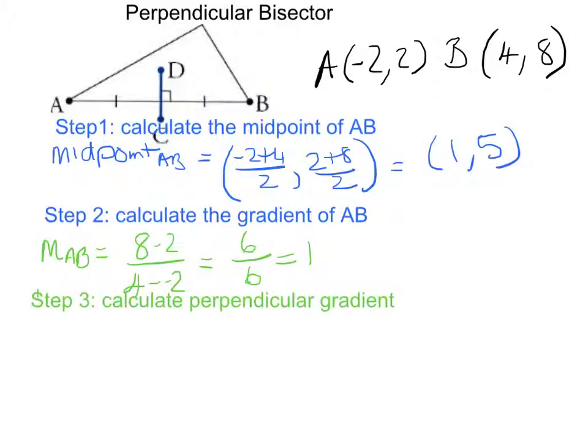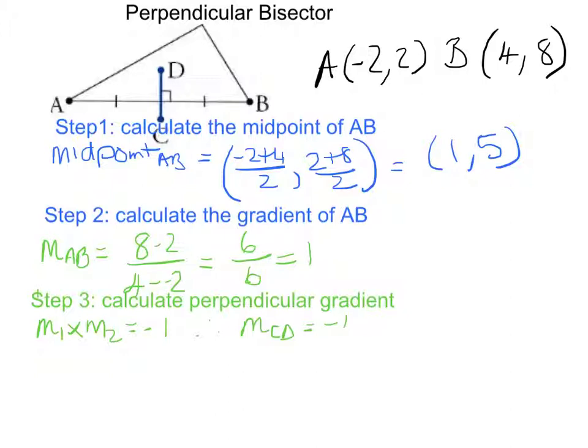So I'm going to calculate the perpendicular gradient. Because m1 times m2 is negative 1, therefore the gradient of CD must be minus 1.